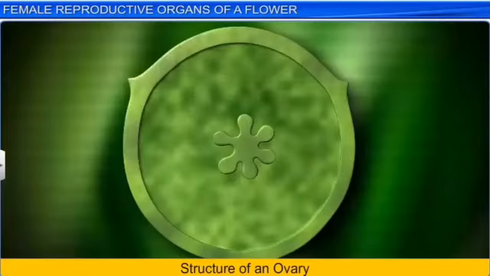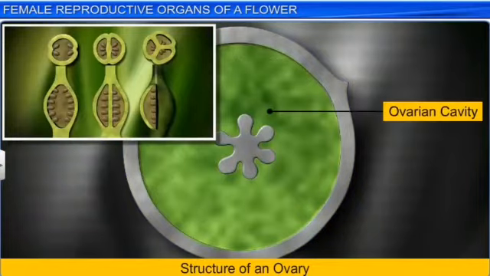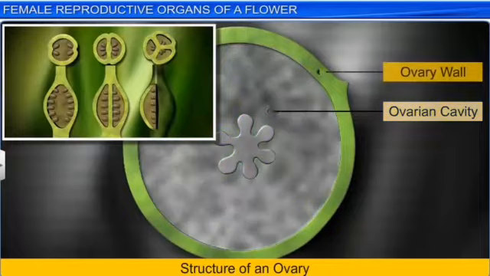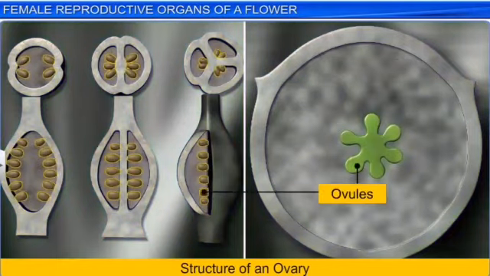Now let us go into the structure of a typical ovary. A typical ovary consists of the ovule, which is there at the central region, and it has a cavity that is known as the ovarian cavity, which is also said to be a locule. Inside the locule, the ovule is present, and the attachment is said to be the placenta.